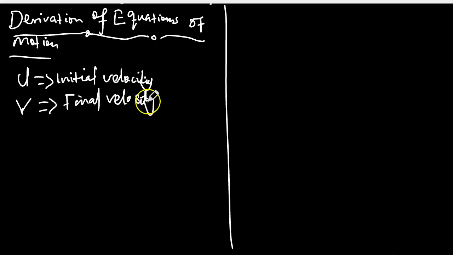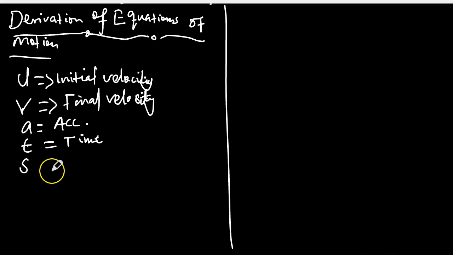Now acceleration will be given as a. So a here will represent acceleration. We have t. T will represent the time taken. So t in this case is simply time. These are the initials. Then s, in this case, will be displacement.